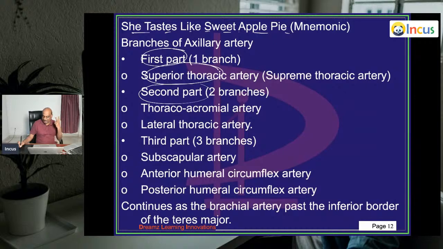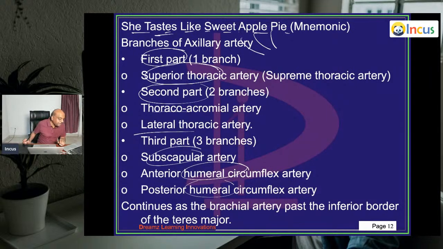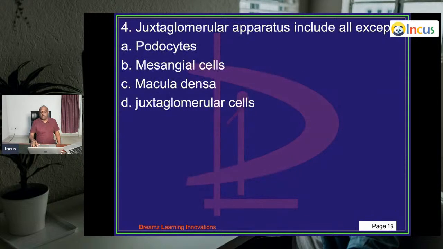Second part, 2 branches: thoracoacromial and lateral thoracic artery. Third part, 3 branches: subscapular artery, anterior humeral circumflex artery and posterior humeral circumflex artery, and it continues. The axillary artery will continue as the brachial artery, is what you need to remember.